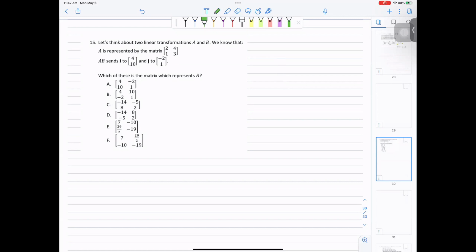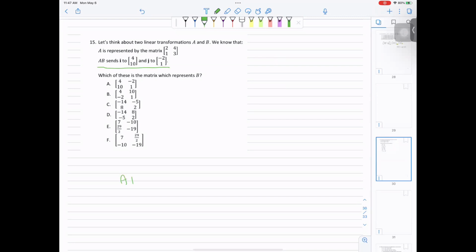So the fact that it says AB sends i to that and j to that, I know that AB has to be 4, 10 and -2, 1. Because whatever AB did, what happened to i? It became 4, 10. That's what they said. What happened to j? It became -2, 1. So I know this. And they're telling me that A equals 2, 1, 4, 3.